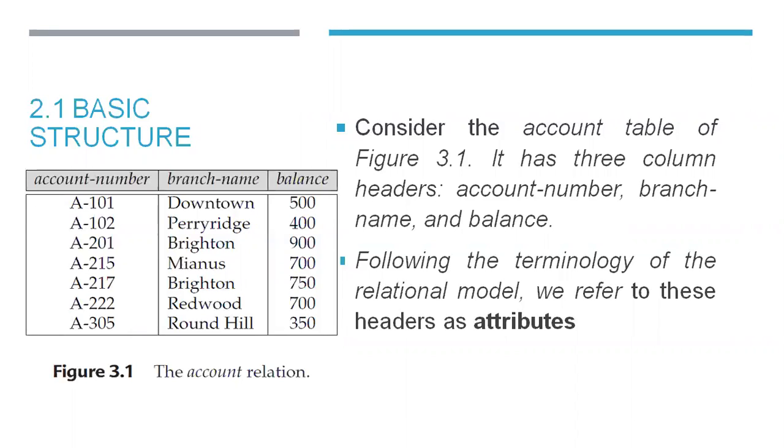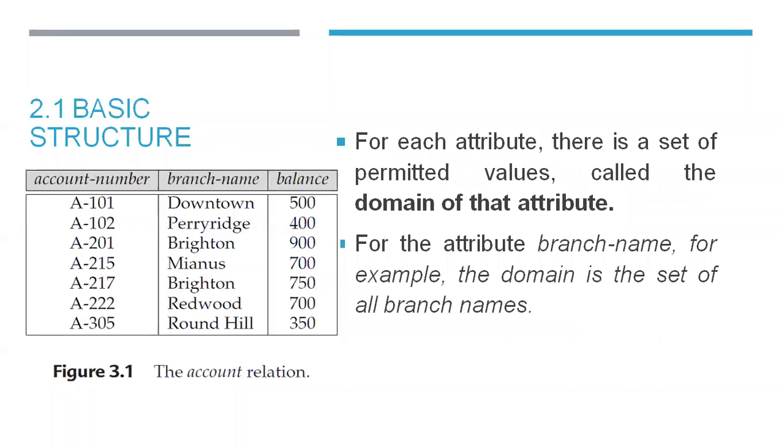Now in this account table, we have headers like account number, branch name and balance. I just told these are the columns. We call these columns as headers as attributes. We know account is going to be entity set, and attributes for entity set account are account number, branch and balance. So this is the scenario.